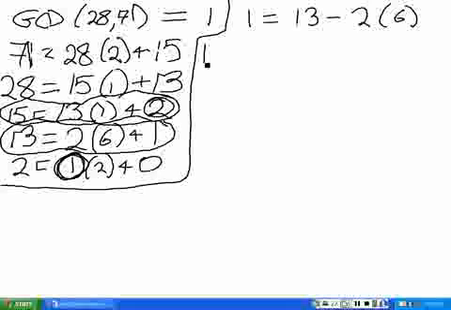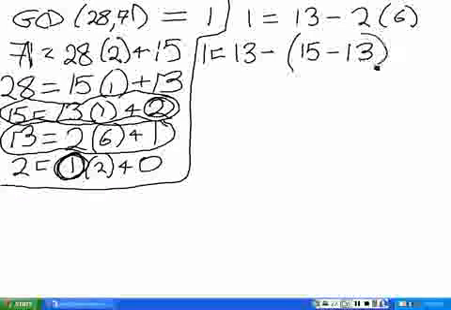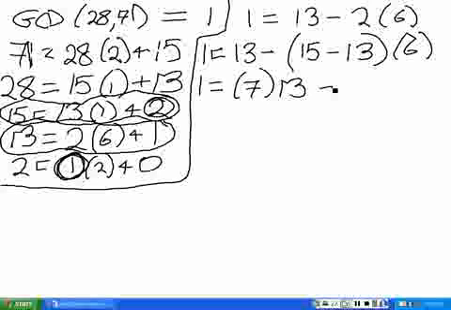So I get that 1 is equal to 13 minus, okay, and the 2 is 15 minus 13. So I get, let's see, 13 plus 6 13s, that's going to be 7 13s, minus 6 15s.